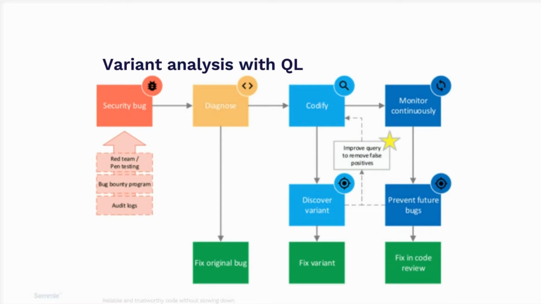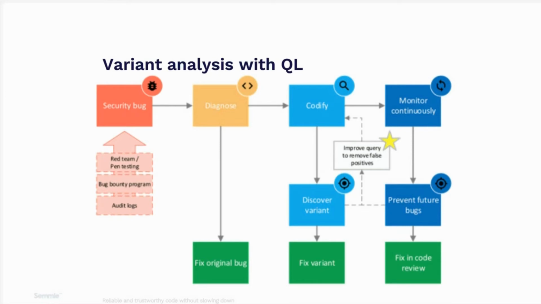With QL, you can codify what the bug is. You can write a QL query that identifies that sort of bad coding pattern. Usually this is an iterative process where you write a query, look at the results, discover there's a load of false positives that you're not interested in, then refine the query a bit more, and you end up with a query that very accurately identifies just the bad coding pattern and very few other false positives.